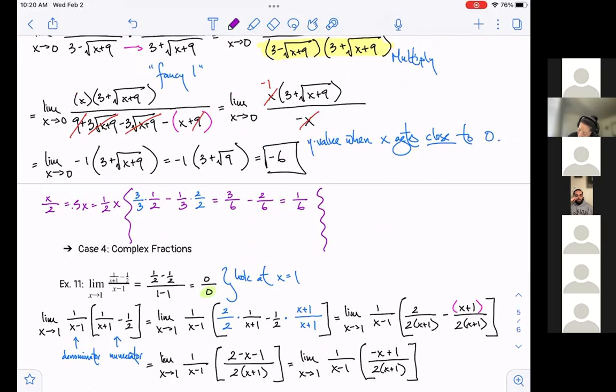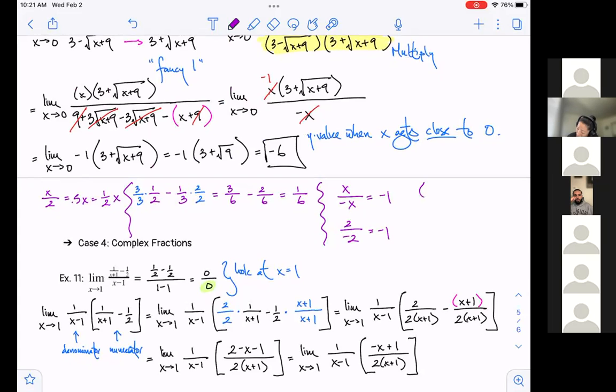If I have x over negative x like I had here, we said that simplified to -1, right? If I have 2 over -2, that's going to give me -1.